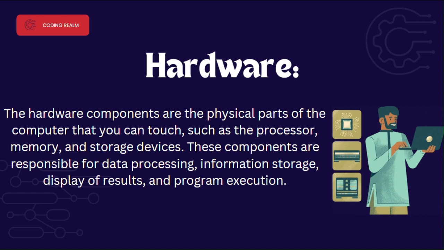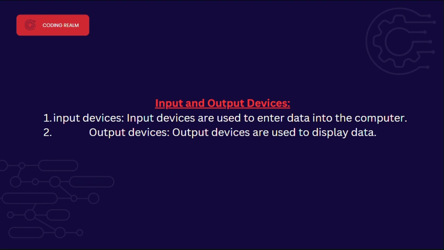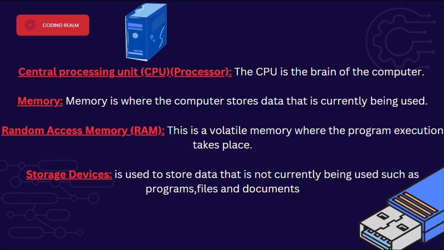The hardware is all the physical parts of the computer that we can touch, like the screen, the mouse, the speaker, keyboard, etc. And what are the input and output devices, and the difference between them. The input is all the data entered to the computer, and the output is all data displayed by the computer, on the screen. We will learn also about the central processing unit, CPU, the memory, the random access memory, and the storage devices, and the difference between them.